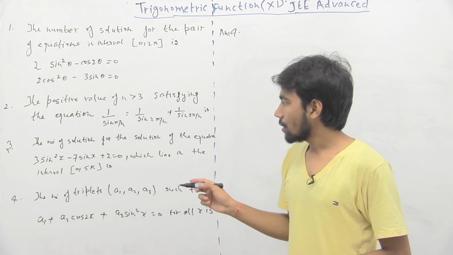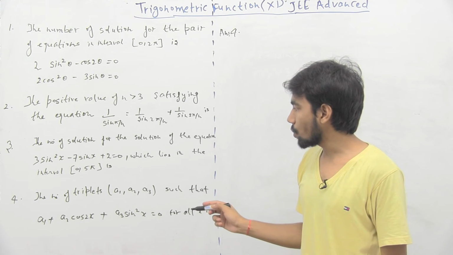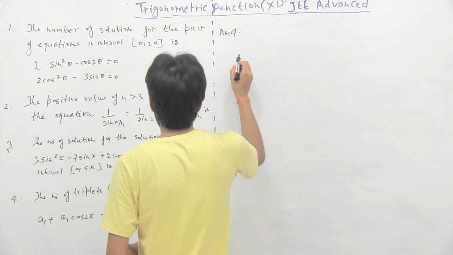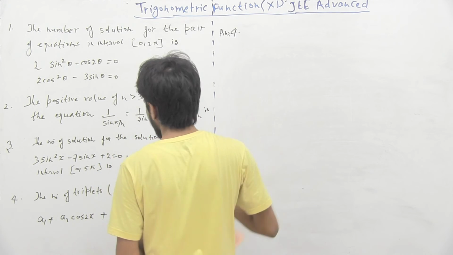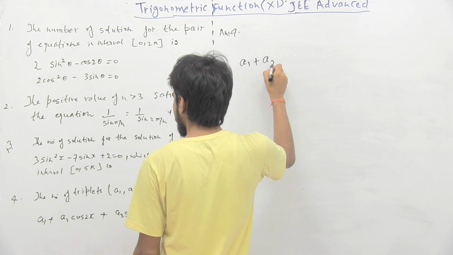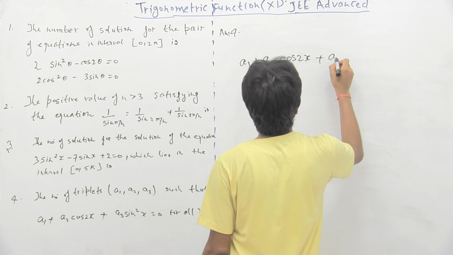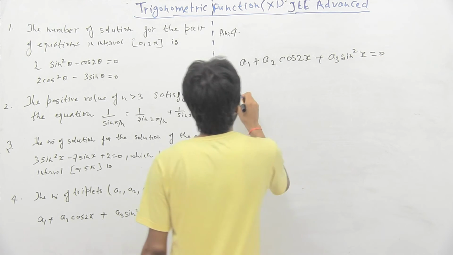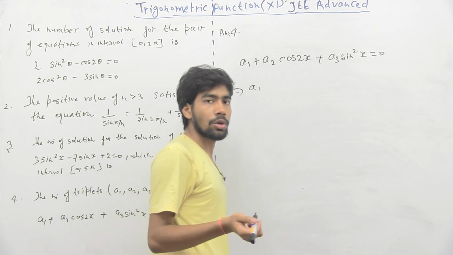Now question number 4. The number of triplets a1, a2, a3 such that a1 plus a2 cos 2x plus a3 sin square x equal to 0. Now write sin square x equal to 1 minus cos 2x by 2.